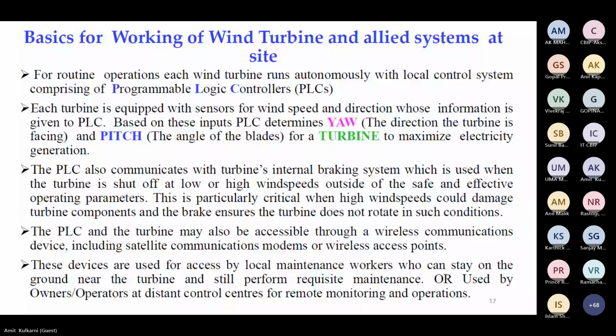It has to see the direction of the wind and the turbine should face it. That is determined by the PLC, and the PLC helps yaw. The angle of the turbine blades, that is the pitch, is again decided by the PLC. So PLCs are a very inevitable part of wind turbines, which were focused on by attackers during cyber attacks. How, we'll see further.